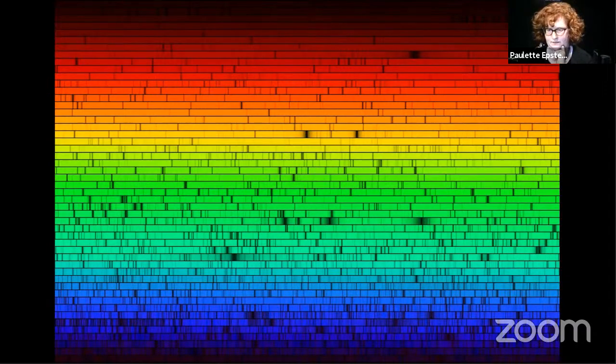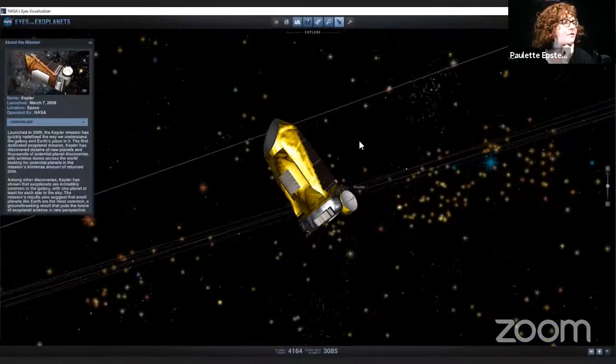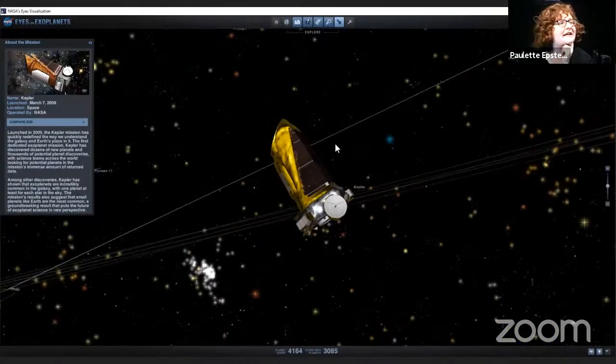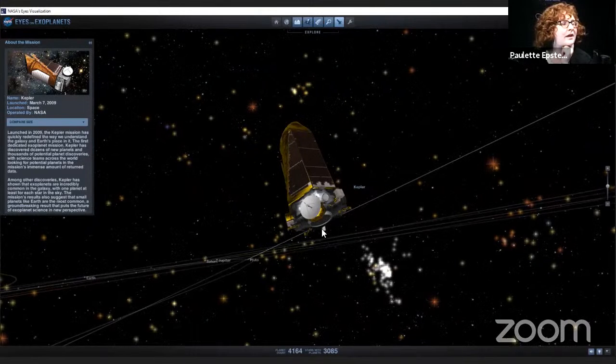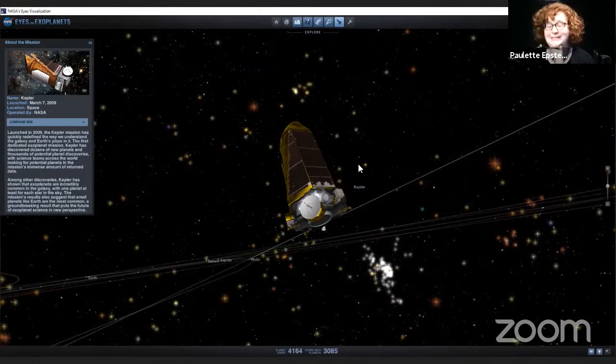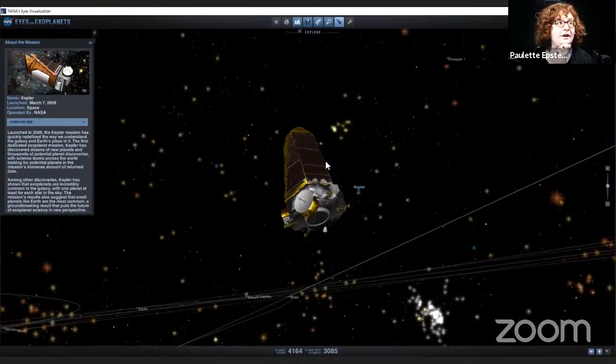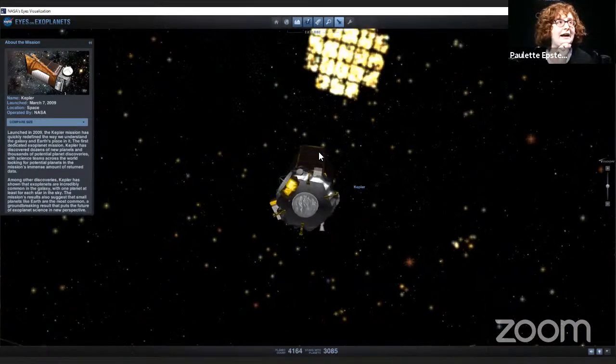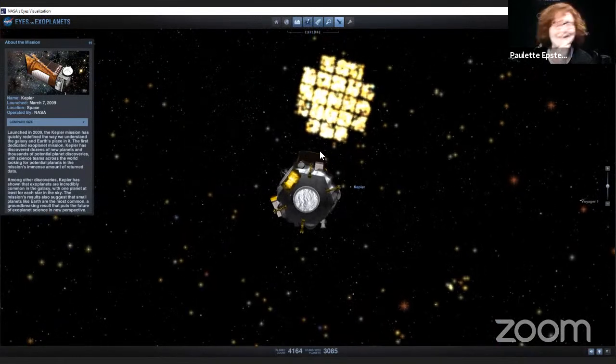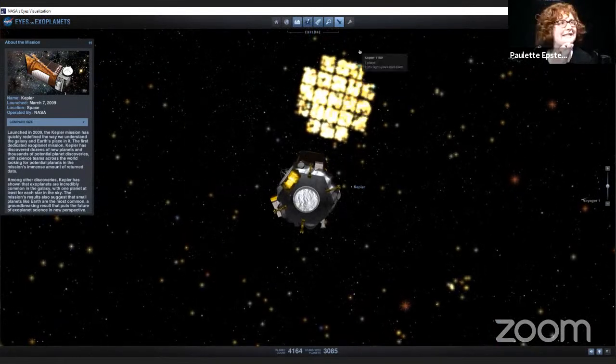And there we go. Infrared or visible light, and we're able to see that Kepler telescope right here. Now, Kepler was a stationary telescope out in space that looked at a very small area of the sky right there. Does everybody see that area of the sky?